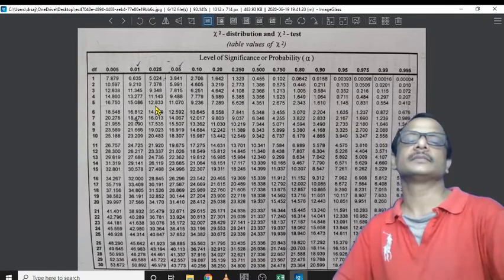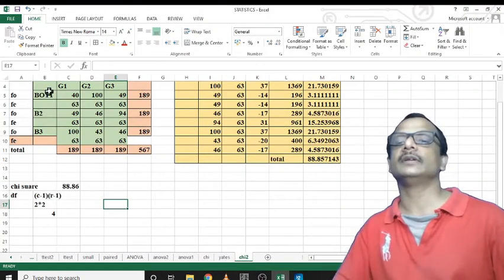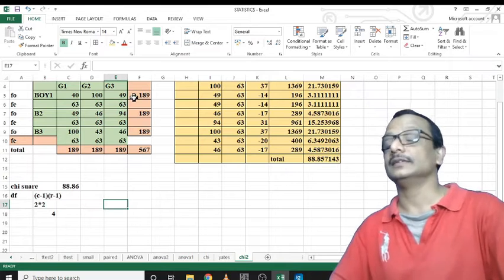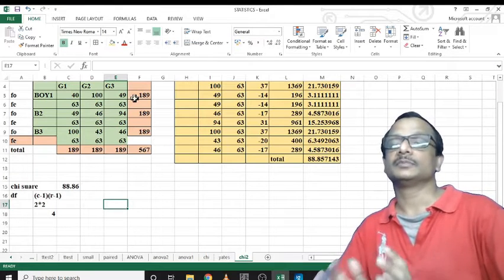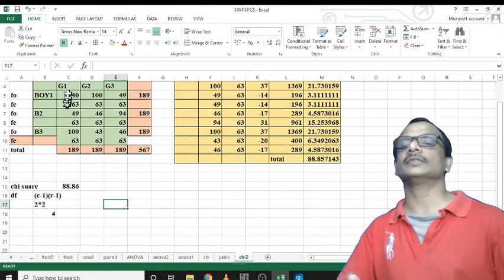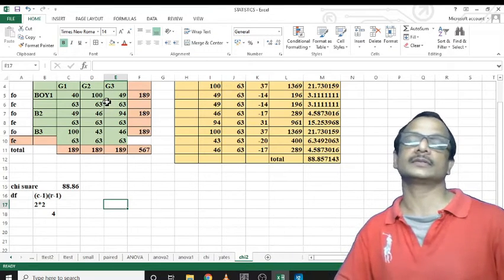That means there exists an association between these boys and these girls, and this is the use of this particular test. Here we use categorical variables, boys and girls, to compare based on their frequency of contact.